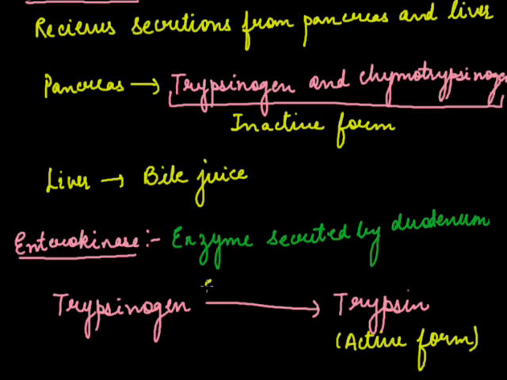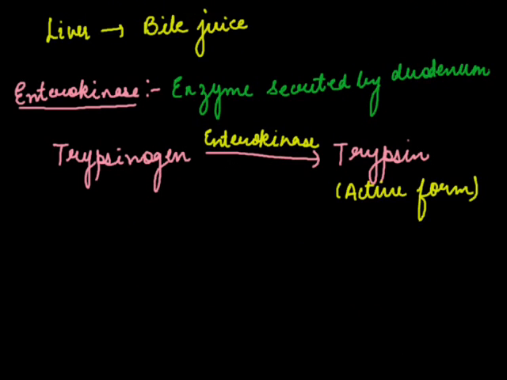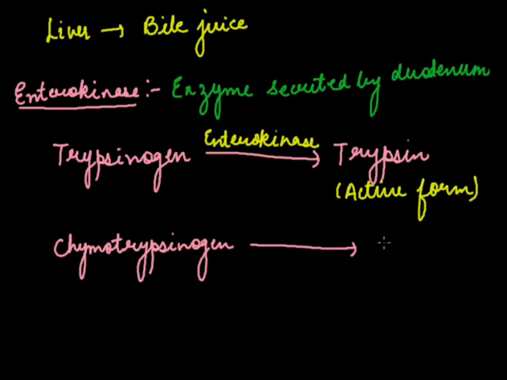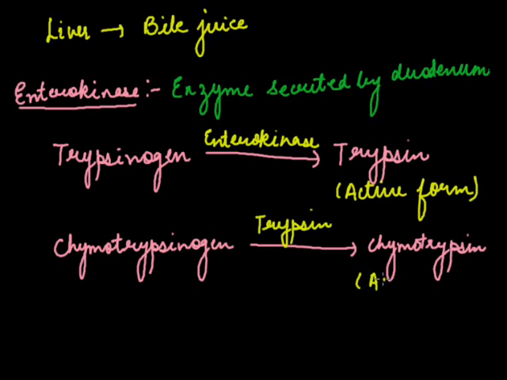Now, this trypsin further converts chymotrypsinogen into chymotrypsin. This is again its active form.